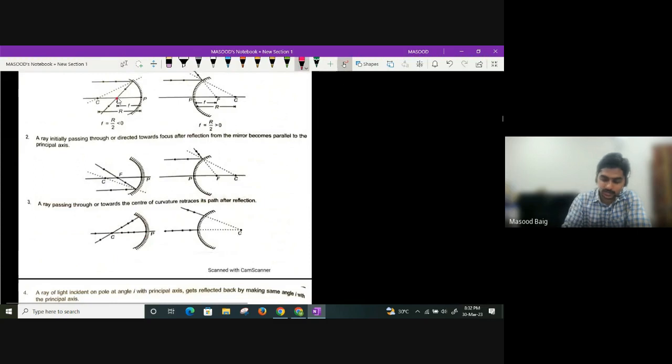Is it converging at a point, guys? The incident ray parallel to the principal axis is converging at a point. All measurements should be taken from the pole. So from the pole to the center of curvature will be your radius of curvature. From the pole to your focus will be your focal length. Now, because they are being measured opposite to the direction of the incident ray, they will be considered negative, guys.